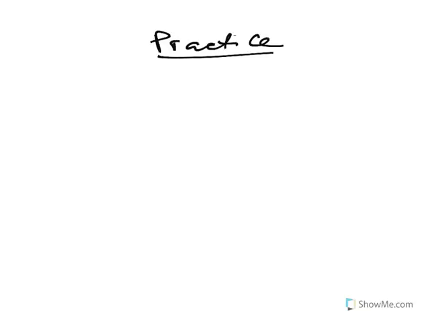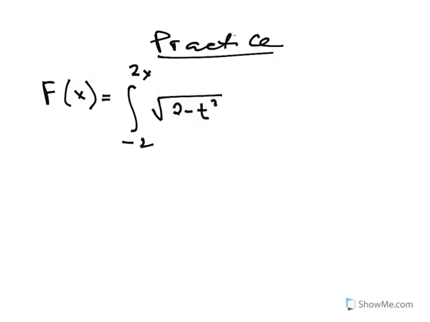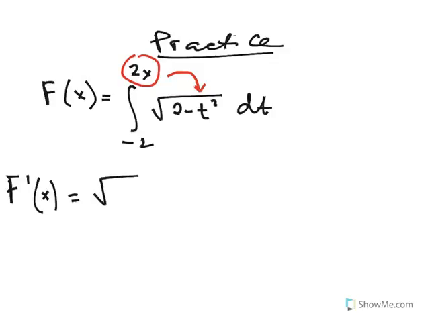It's easy stuff. F of x equals the integral from -2 to 2x of the square root of 2 minus t squared dt. So we're gonna just take this and plug it in. The derivative equals the square root of 2 minus, and instead of t, we're gonna put 2x, but it's squared.